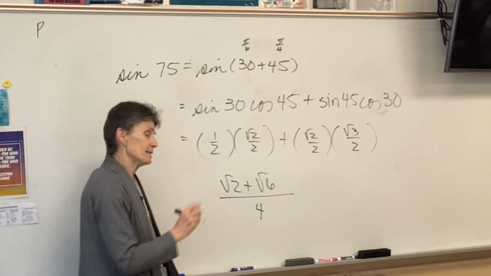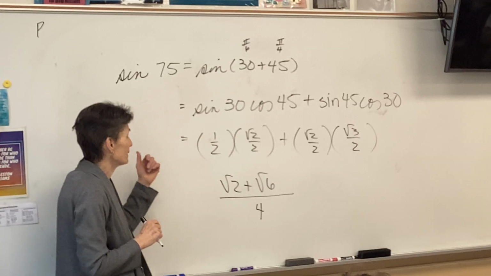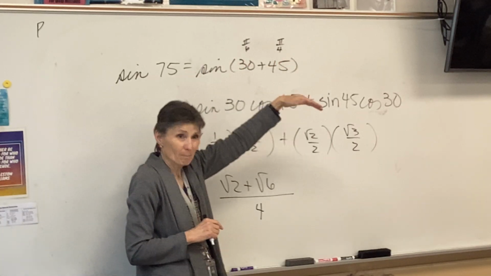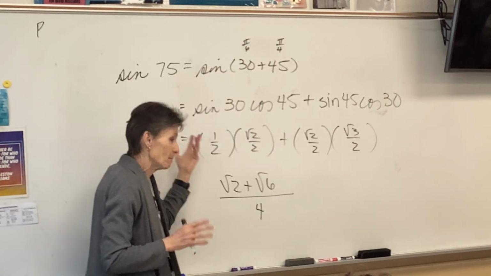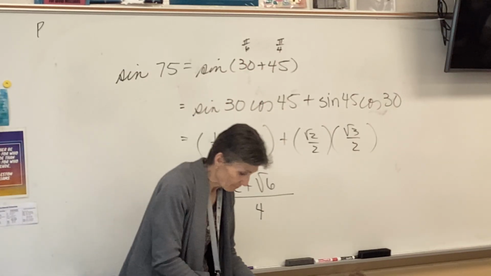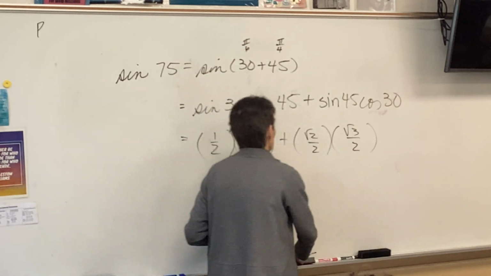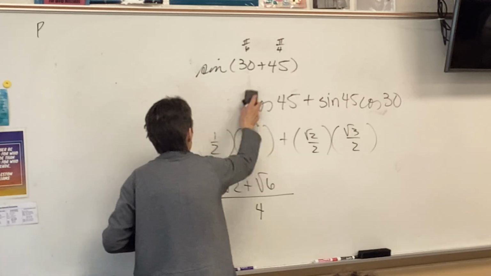Looks a lot like the answer we got to that other one we did, but that's always going to happen, because you're always going to be using the same numbers, root 3 over 2, 1/2, or root 2 over 2, so you're going to get the same combinations. All right, now you do with your partner cosine 255. Cosine 255.